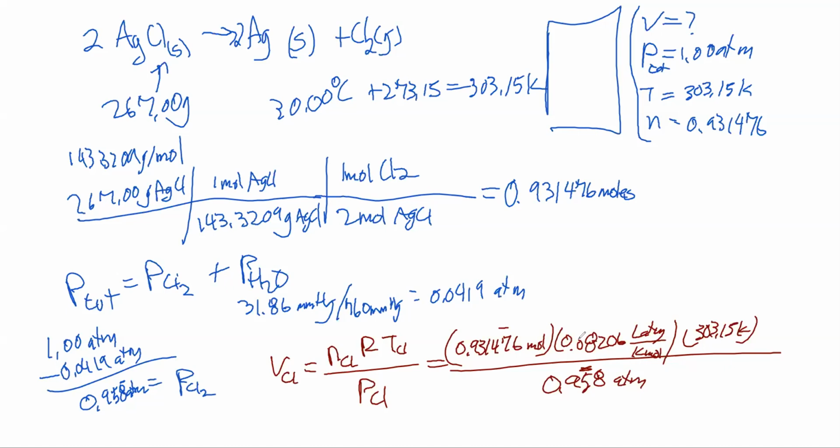And so once we've gone through all of that, our volume of our chlorine comes down to 24.188 liters. And if we think about significant figures, we should only have 2 because our pressure only has 2 significant figures, which brings us to 24 liters.